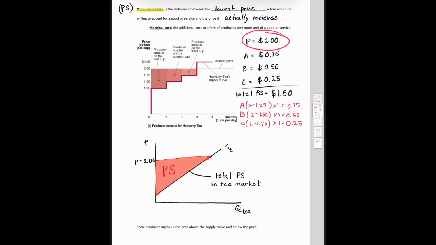Again, it's in a triangular shape this time, and you would still calculate it using 1/2 base times height. So total producer surplus would equal the area above the supply curve and below the price.